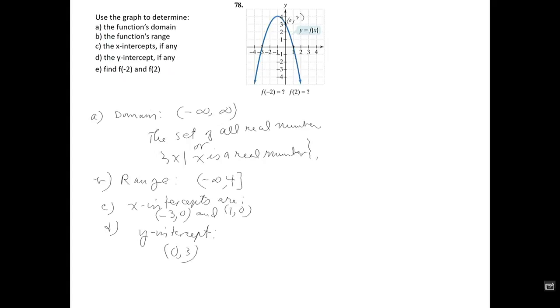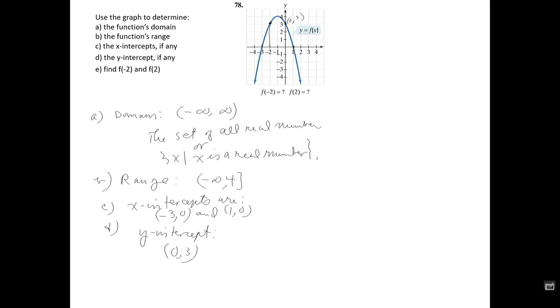Part E, looking at your graph, you want to determine f of -2. The -2 is the x, the input value from your domain. So you go to the graph, -2, and you see where it corresponds. On the graph, -2 corresponds to 3.